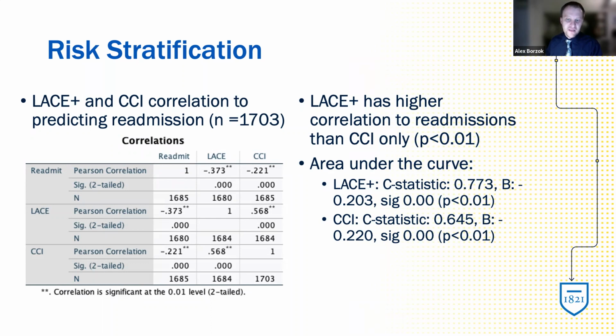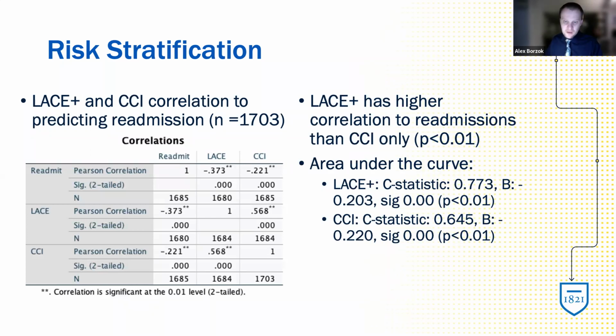Again, the LACE Plus score had a higher C statistic, 0.773, compared to the CCI tool's C statistic of 0.645, which again shows that the LACE Plus score is more sensitive at predicting readmission when compared to the Charlson Comorbidity Index.